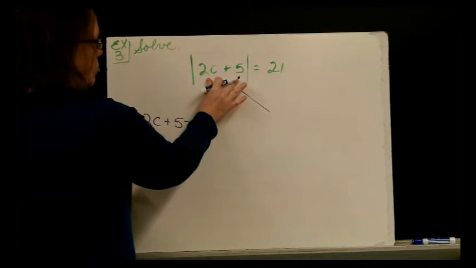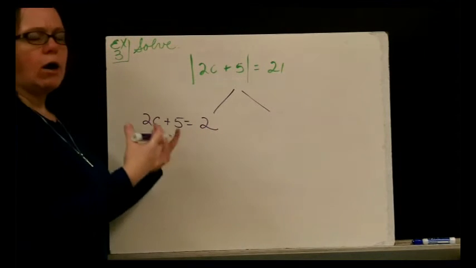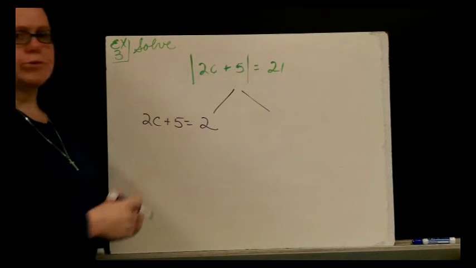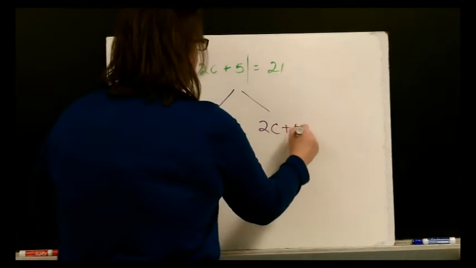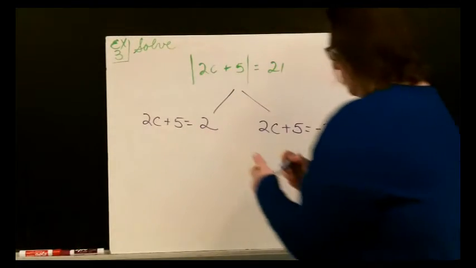The only difference between our first equation and our original is the lack of absolute value brackets. And then our second will be 2c plus 5 equals negative 21.